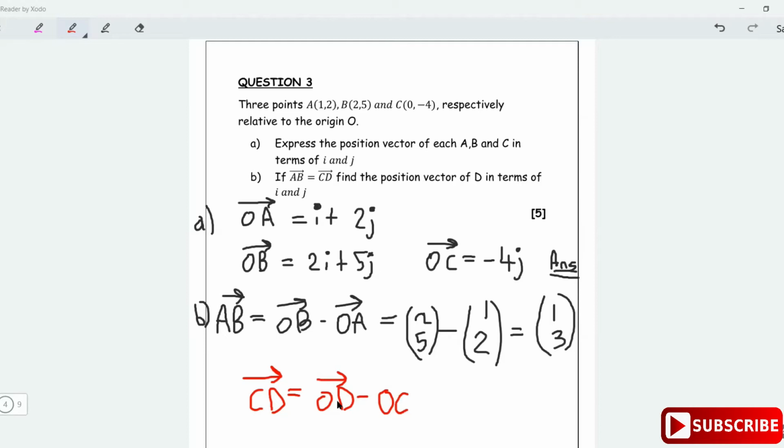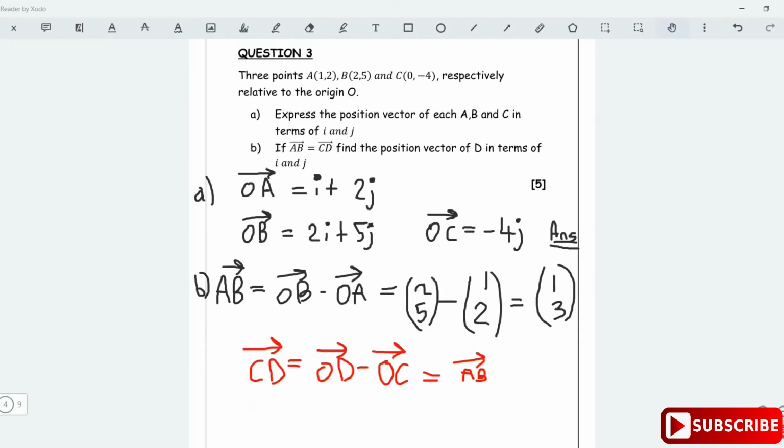So OD minus OC is equal to vector AB. But then what did we find for vector AB? Vector AB is 1, 3.